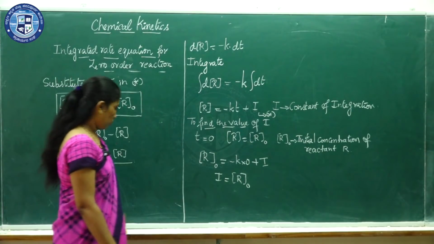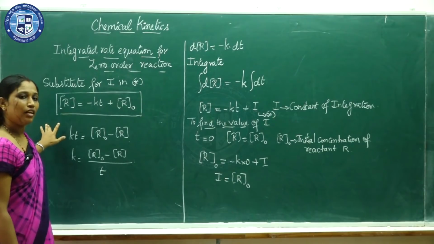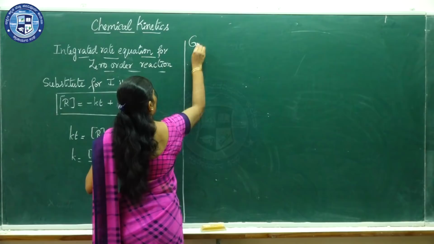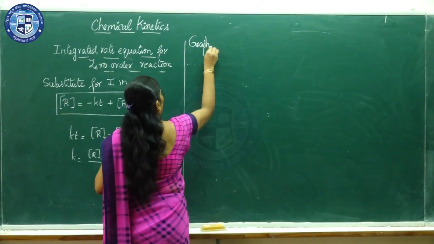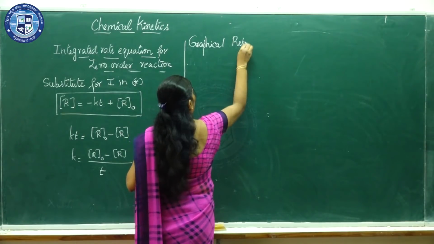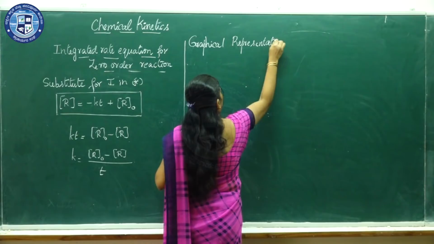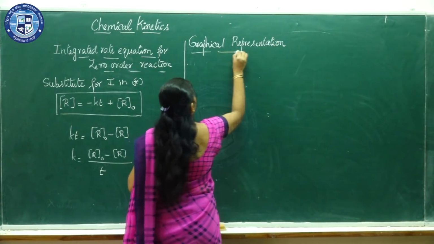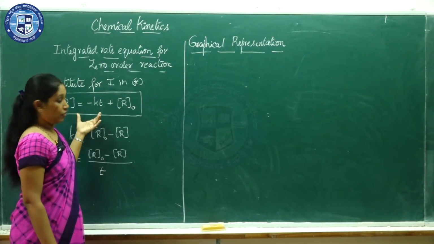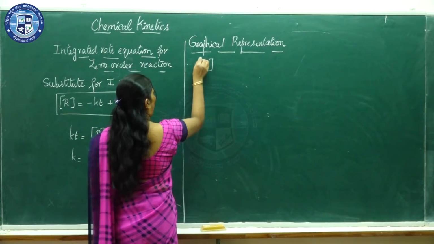Okay, now what we will be doing is we will be doing some graphical representations. See here, if you take this equation, so I'll write it again if you want.